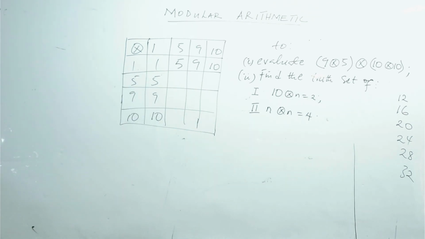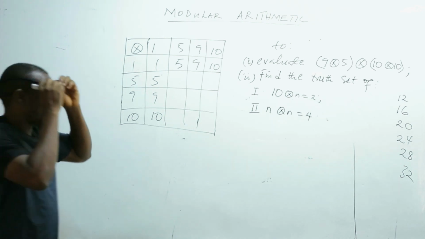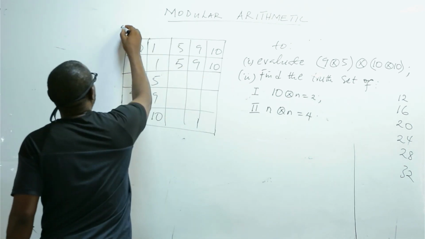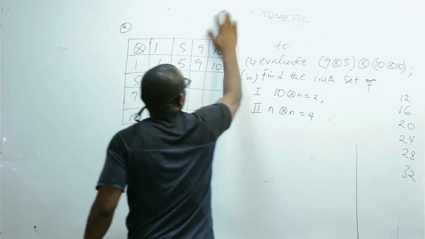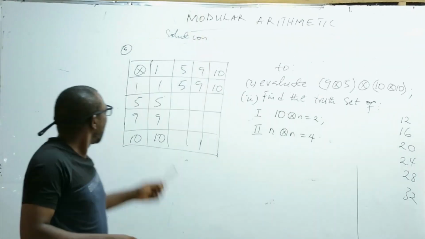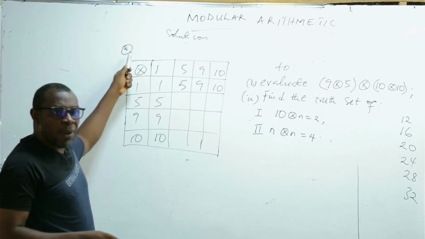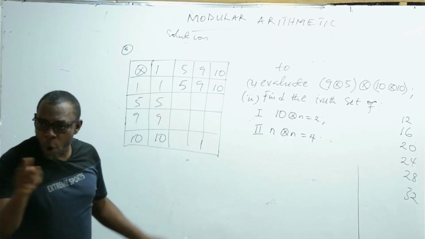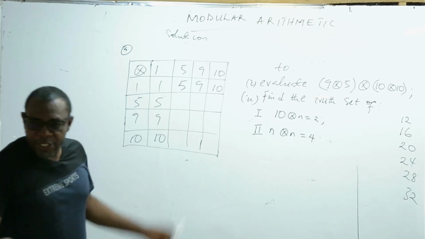What is a modular class? 11 is a modular class. So if I am to solve this problem, I go down to question A and write my solution. Now I go to A. I draw another table; I don't complete it from the question.